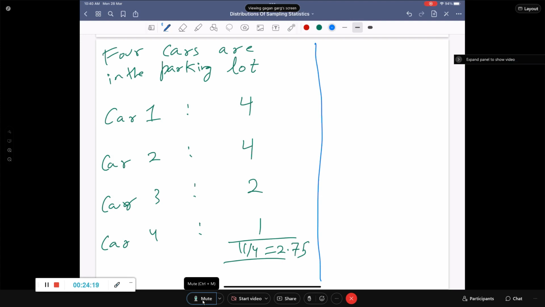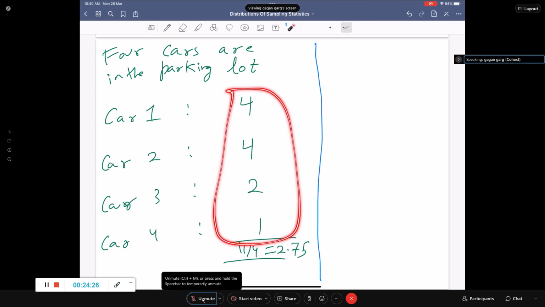So if you were to follow the algorithm used by the company, how many employees are there in this page? There are a total of 11 people who came by car.